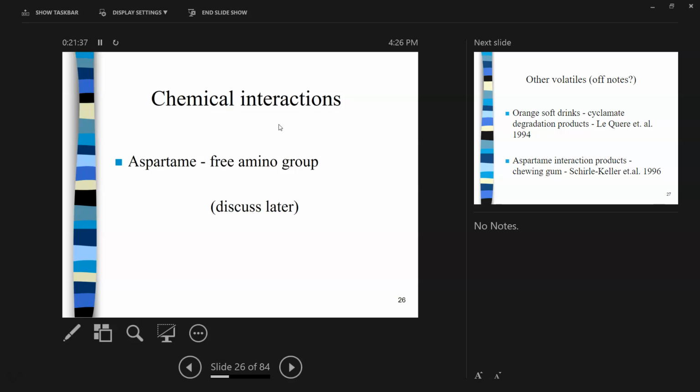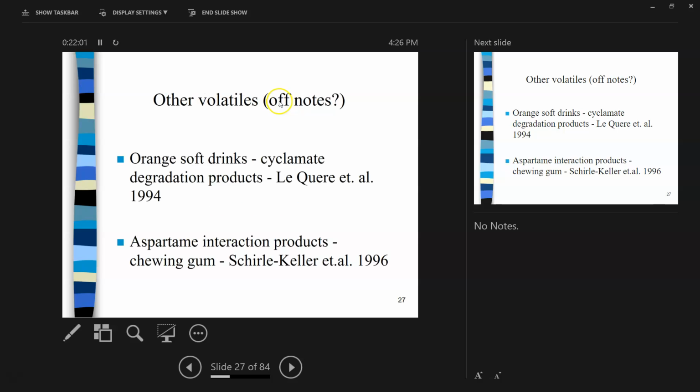For that reason, it doesn't do well in baking, because of the Maillard reaction. You put it in cake, you bake that, and you stand a real good chance of the amine group on the aspartame reacting with the sugar that you just put in. So, the Maillard reaction. We'll discuss this later. I'll show you some data from Jean-Paul about the loss of this particular sweetener.